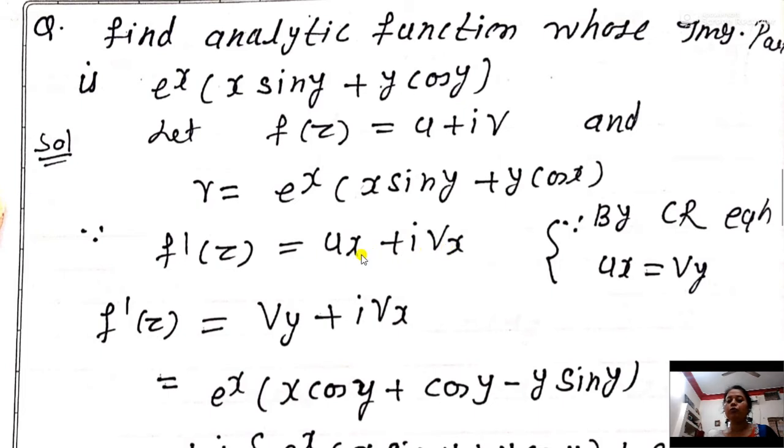Therefore we have to use the CR equation to change this ux. By the CR equation we have ux is equal to vy. So this ux can be replaced by vy. So now the formula is f dash z is equal to vy plus i vx.